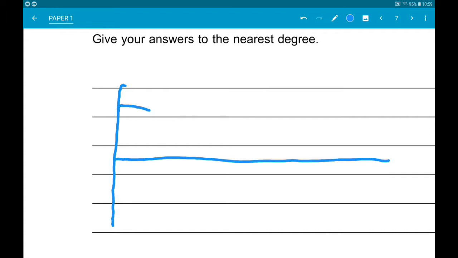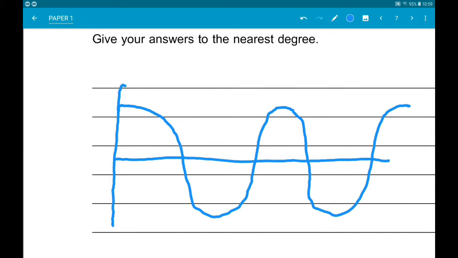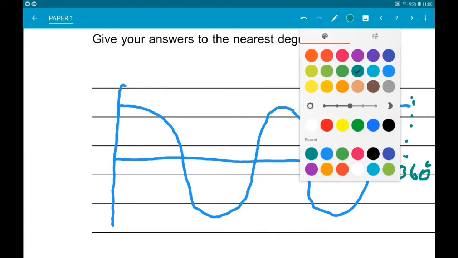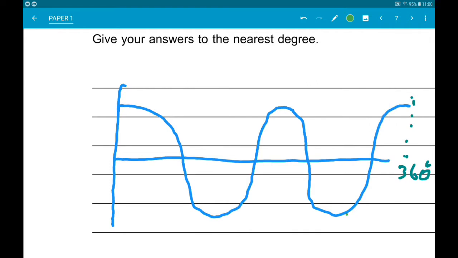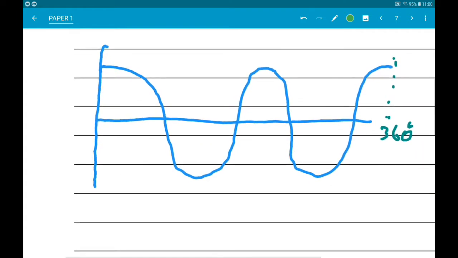So we're now dealing with that, where this is 360 degrees. Okay. So, what we've now got, and the difference now, is that we've now got cos of 2 theta is a half and a third.